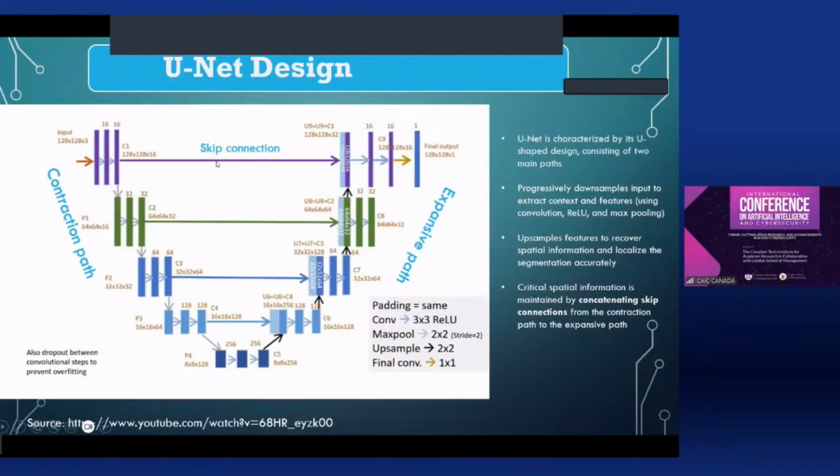That is what makes UNet very unique and powerful compared to every other CNN architecture. That was a brief overview of the main algorithm chosen for this task.